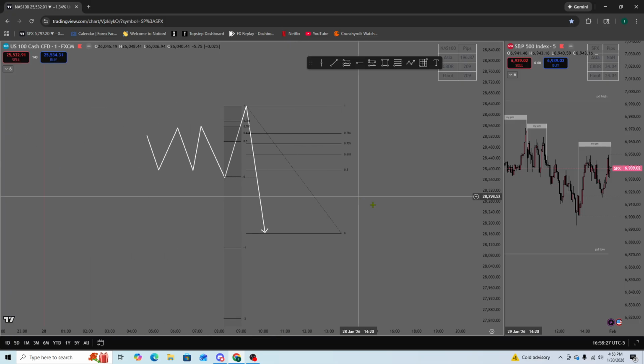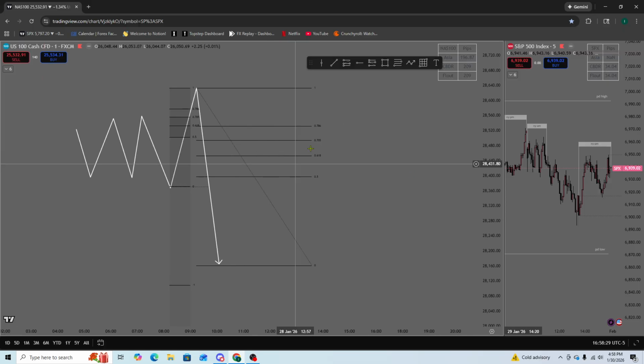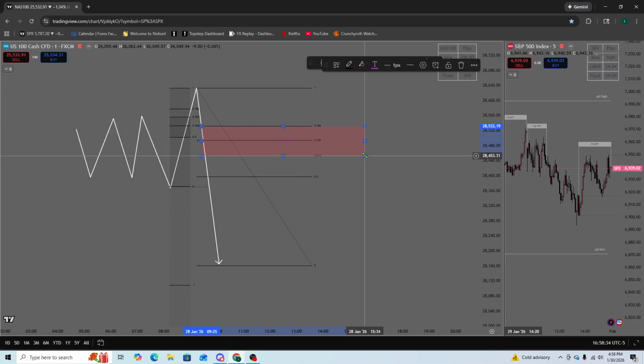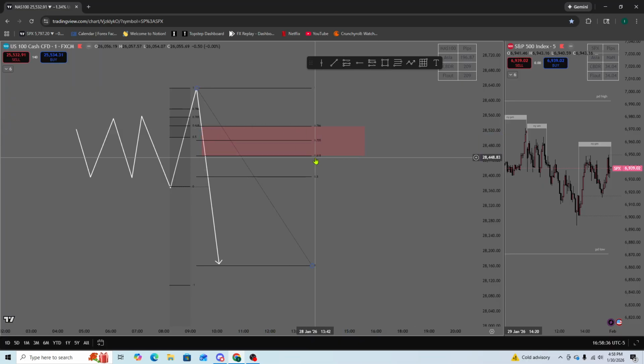Let's talk about what these levels mean. All right, so we have our golden zone, and that would be in between 0.618 and 0.786. So this would be the zone that we would be looking for entries for.